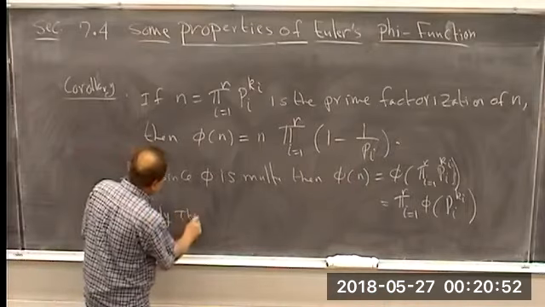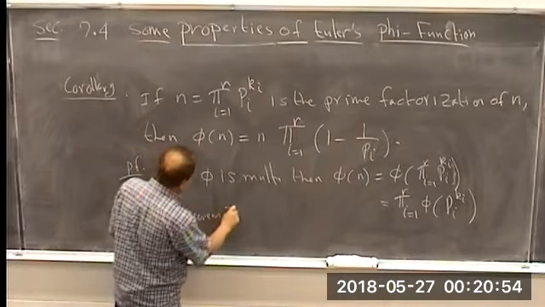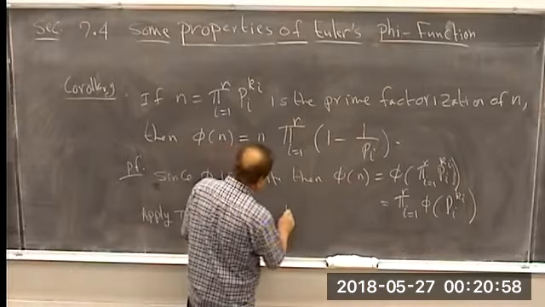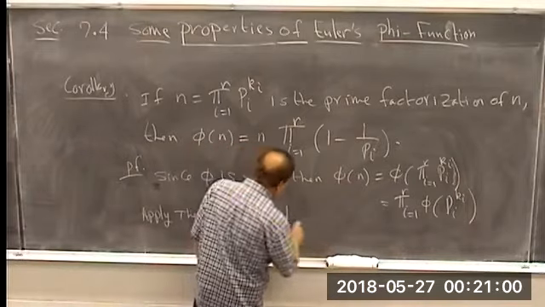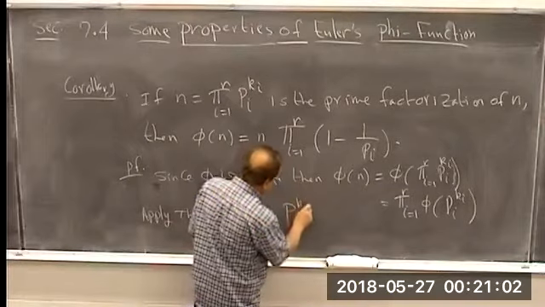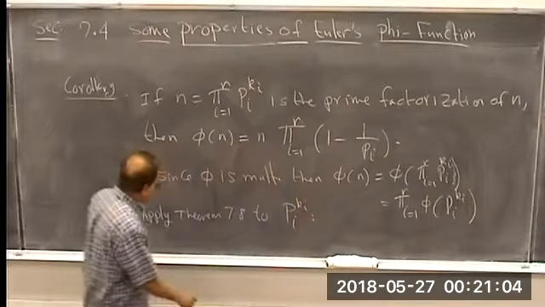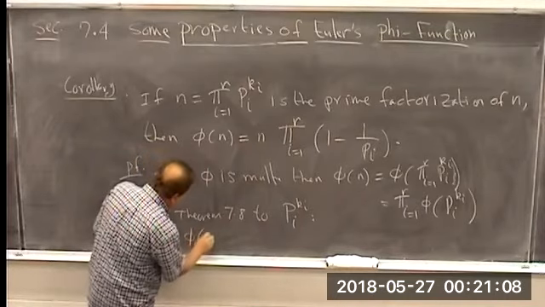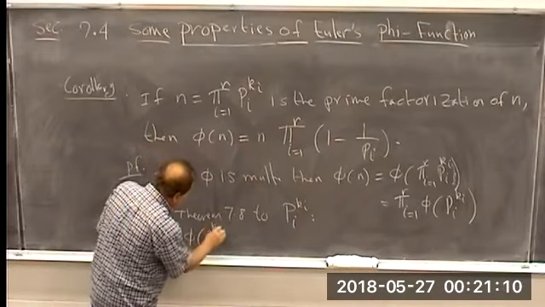In other words, we're going to apply theorem 7.8 to p sub i to the k sub i. In other words, we're going to look at phi of p sub i to the k sub i.